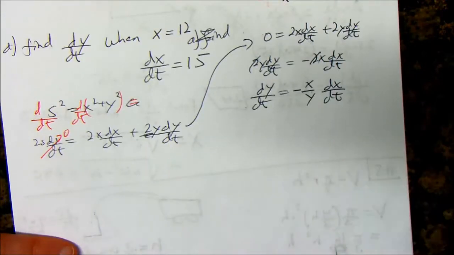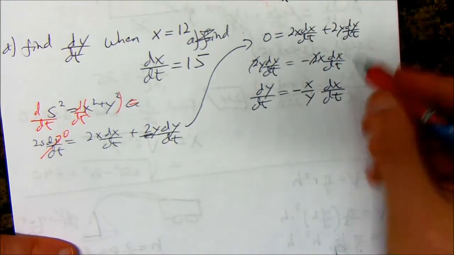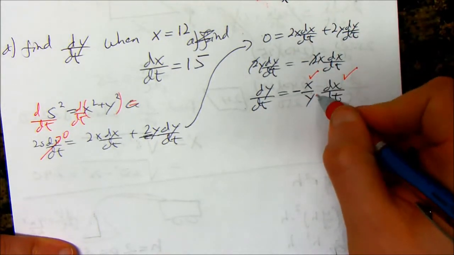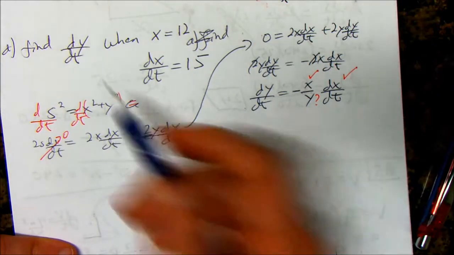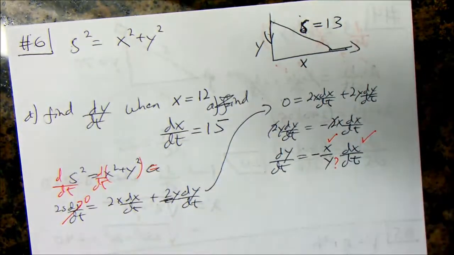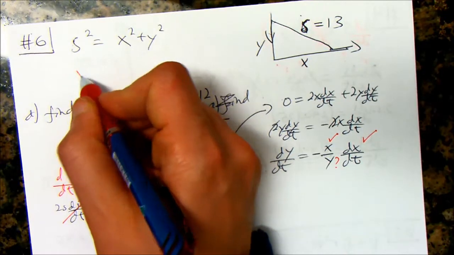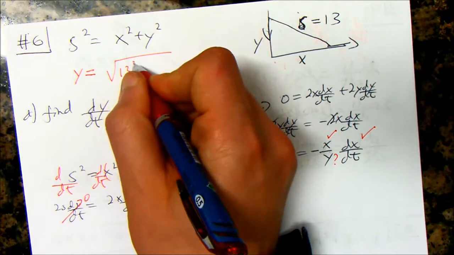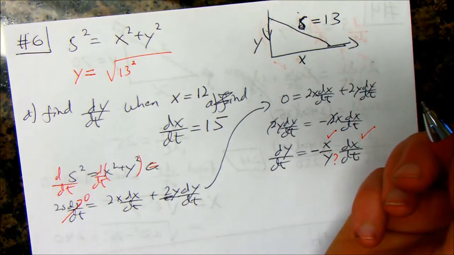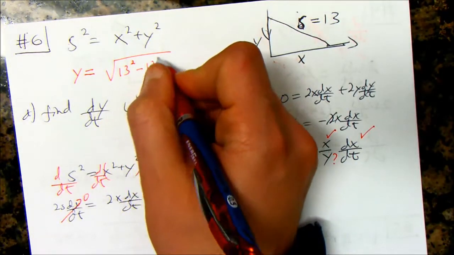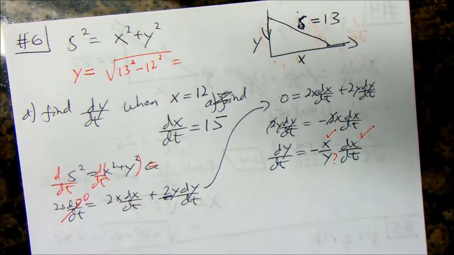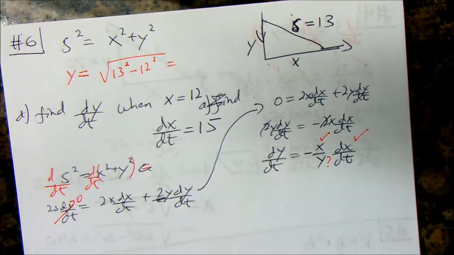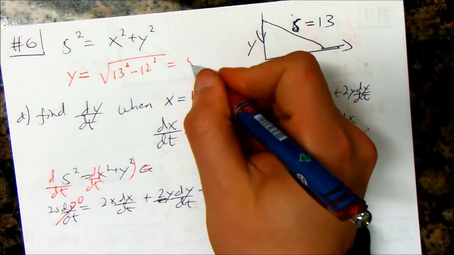Okay? Now, what do we know? We know this. We know this. But we do not know this. Well, what do we use for that? We use the Pythagorean theorem, which is up here. So y is going to be equal to the square root of 13 squared minus 12 squared, which is going to end up being 5.